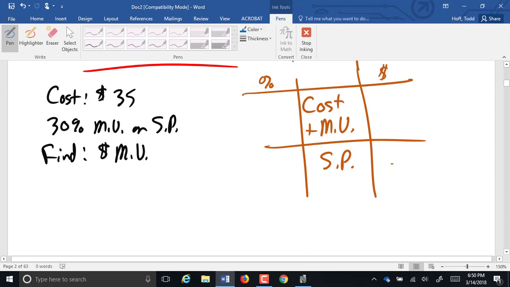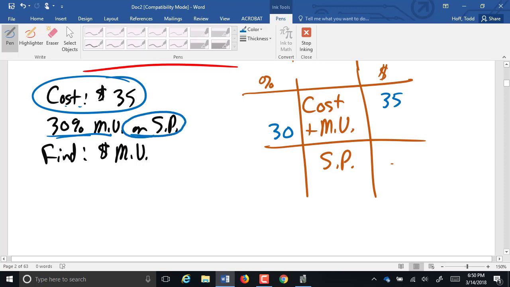Okay, so we've got cost plus markup equals selling price. We're given the dollar amount of the cost, $35. So that goes on the dollar side for the cost. 30% markup, so that's 30% on the markup side. The rest of that line says on selling price, which means 100% goes on the selling price.